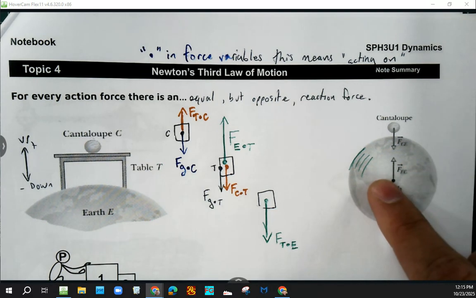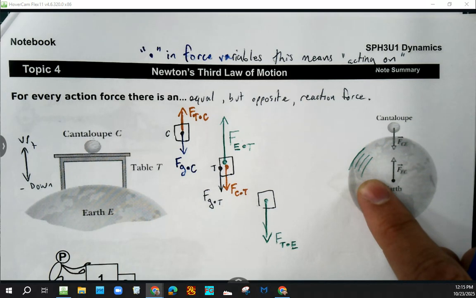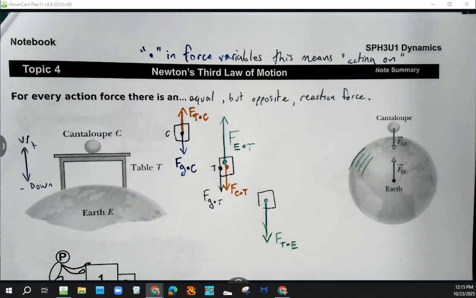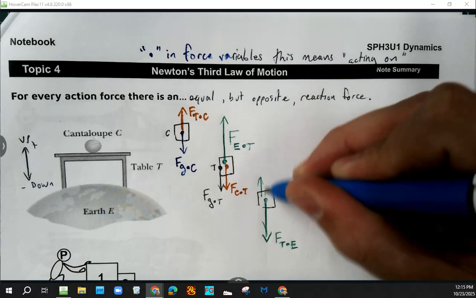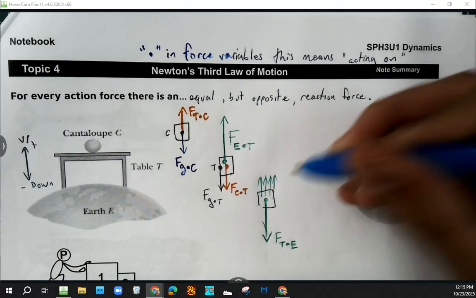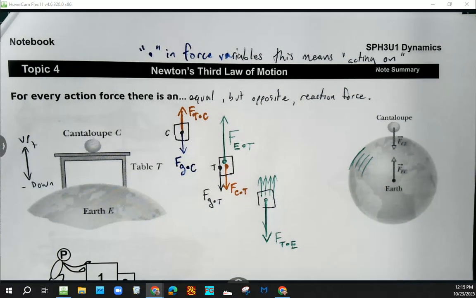I'm not a geophysicist, but the idea here is that we have actually like a lot of tables. And so it becomes problematic to think about the whole Earth in this way, like as a free body diagram, because we would just have like this unlimited number of tables almost, like as we go through the stratified layers of soil. So I don't want to really go down that path. I want to recognize that, yeah, okay, there would be like a whole bunch of other soil stratifications or rock stratifications pushing up on this thing.